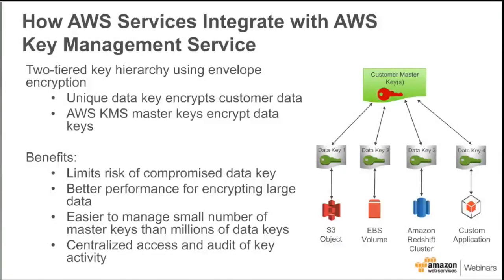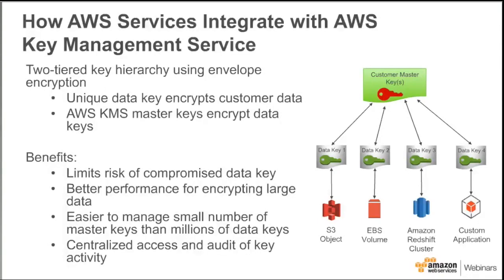That means every S3 object, every EBS volume, every RDS database instance, Redshift cluster, so on and so forth. Those keys are unique to the resource. Those data keys are themselves protected by what we refer to as a customer master key inside KMS. Those customer master keys are the things that you manage.